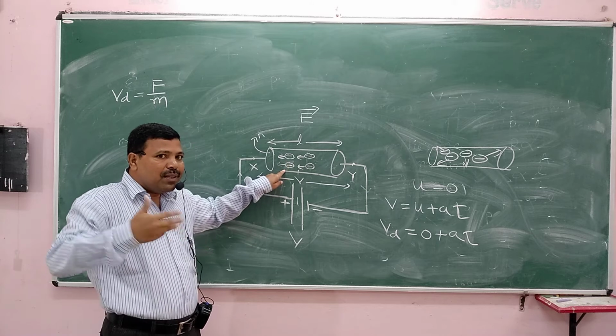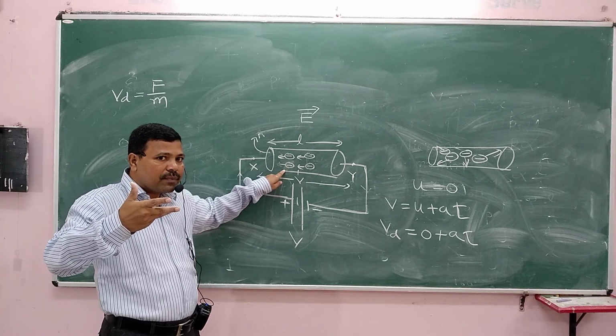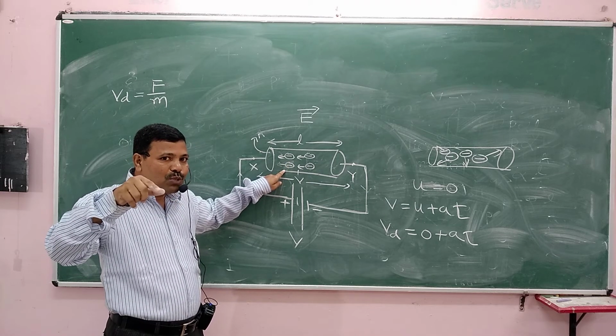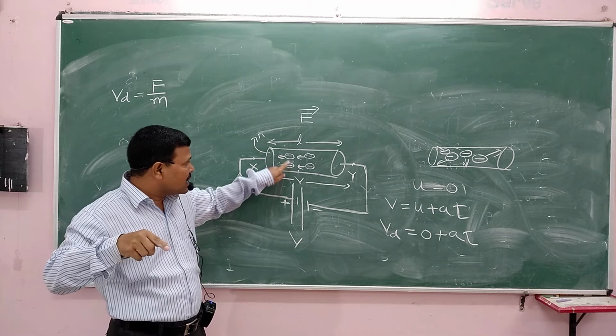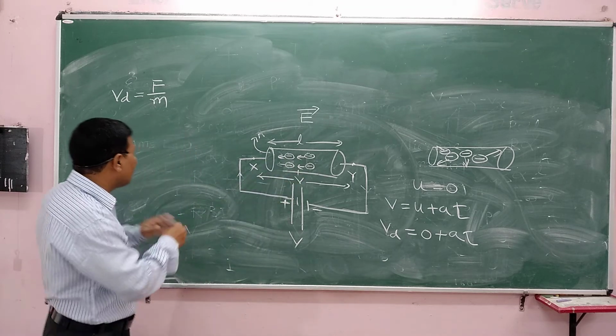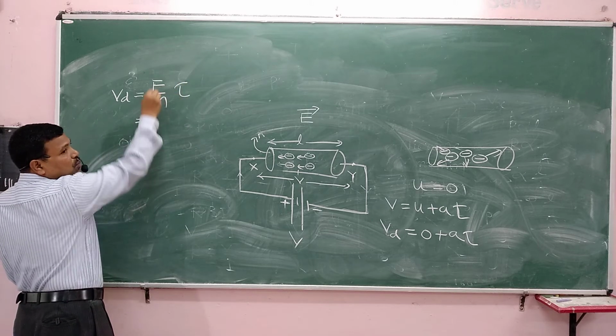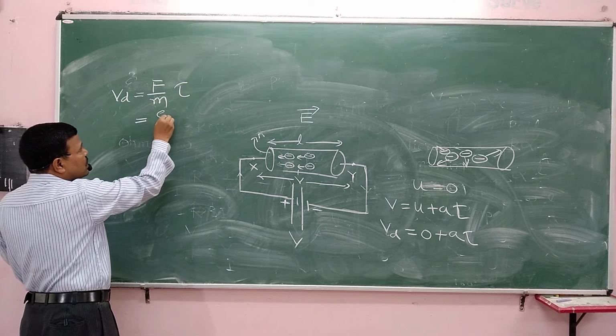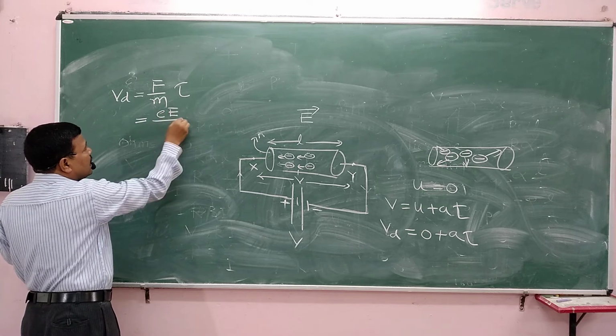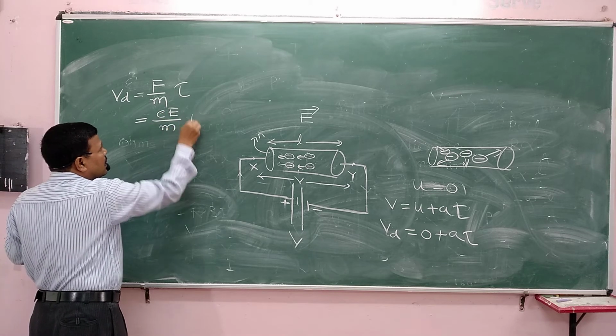Every electron experiences electric force. So force by mass is the acceleration produced in each electron, into the relaxation time. This force is the electric force, that is e into E, into tau.